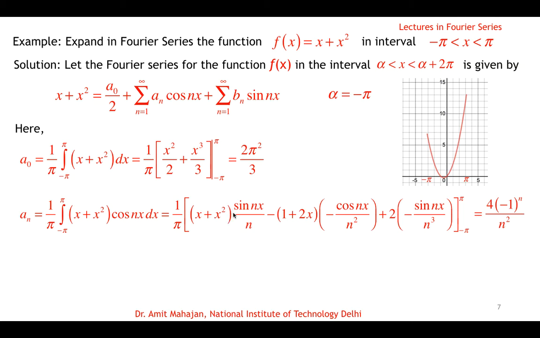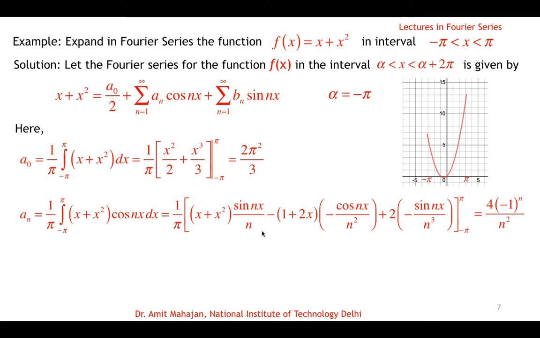This first term will be 0 for both limits, the third term will be 0 for both limits, and the second term will give values for pi and minus pi, and then we can solve that. Use the formula that cos of n pi is minus 1 raised to power n, and for minus pi it is cos of minus n pi, and cos of minus theta is cos theta, so it is again minus 1 power n. You can combine those two results to find this value.